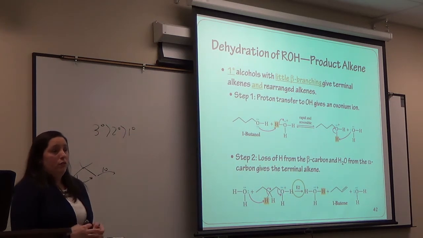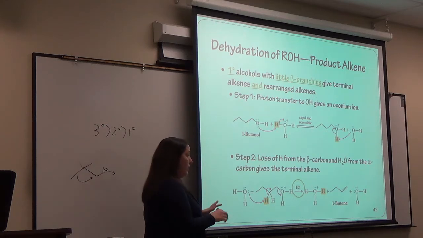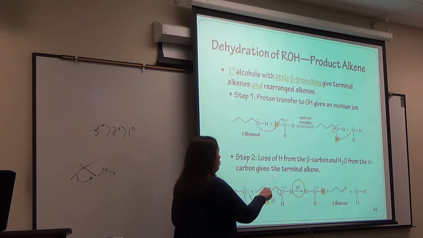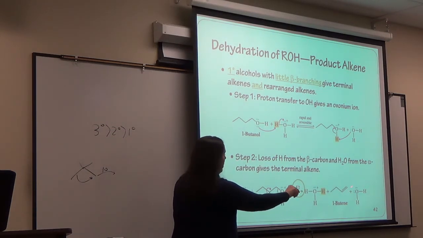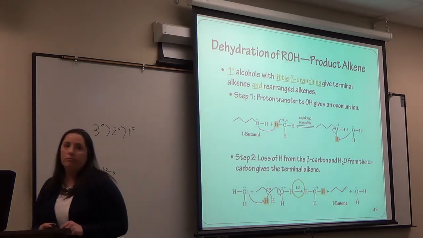But for primary with nothing obstructing, so you can't have bulky groups here, you can undergo E2, and it's concerted. The H leaves, the pi bond forms while the leaving group leaves. Everything is happening at the same time, and that will give you that double bond on the first carbon.